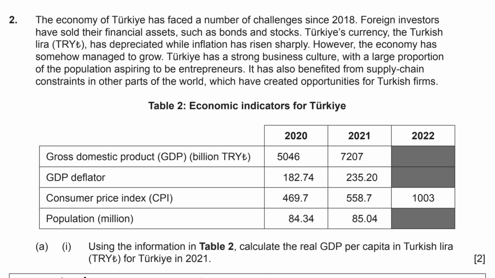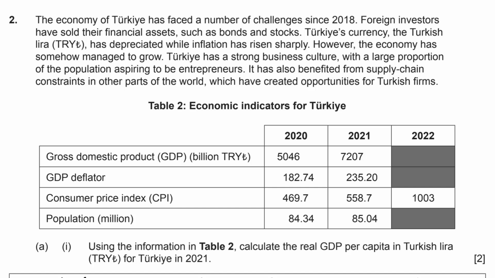firms. Somewhere in the middle, we can see they've got this table, and it contains a whole bunch of economic indicators for Turkey across 3 different years, 2020, 2021, and 2022. These indicators include things like GDP, the GDP deflator, CPI, and the population. Okay, so what do we have to do?